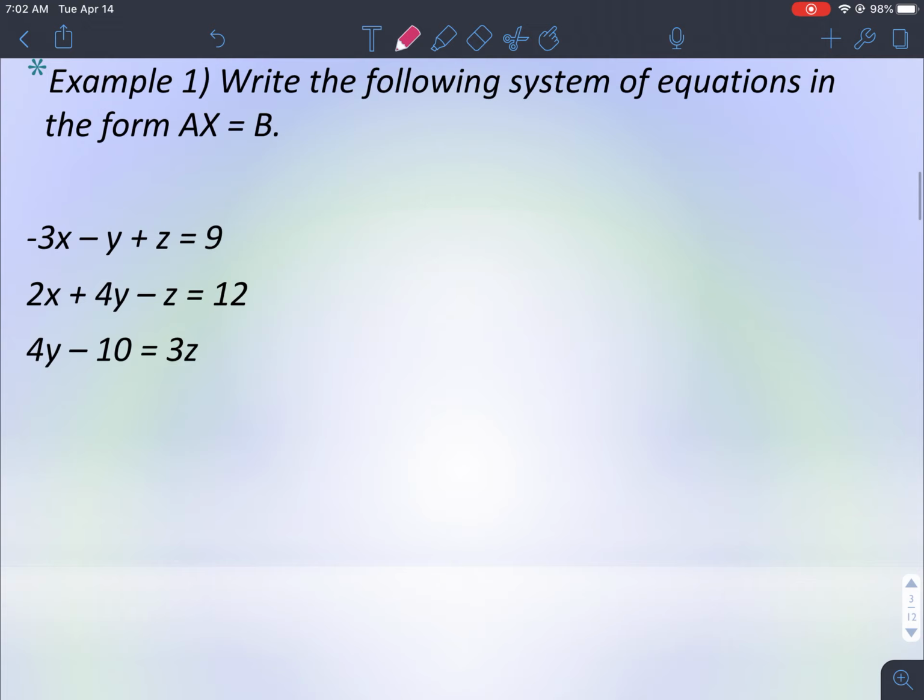So write the following system of equations in the form AX equals B. Just take note that that last equation there doesn't have the constant by itself. We need to solve for it.